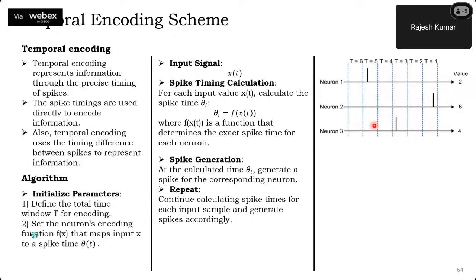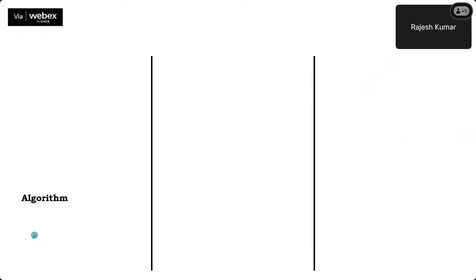If the spike occurs in the 4th segment, the value will be 4. That means the value is converted into the time at which the spike occurs. Again, the process is very simple. You define the total time, then define the segments, and then according to the value, you generate the spike. That is basically the temporal encoding scheme.